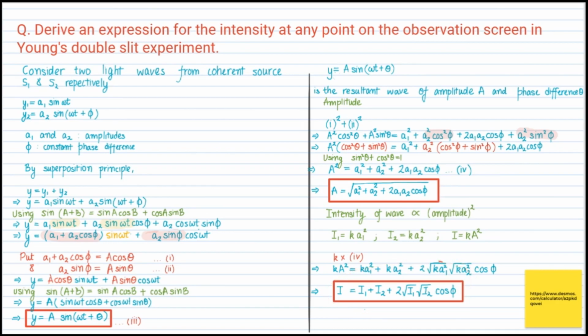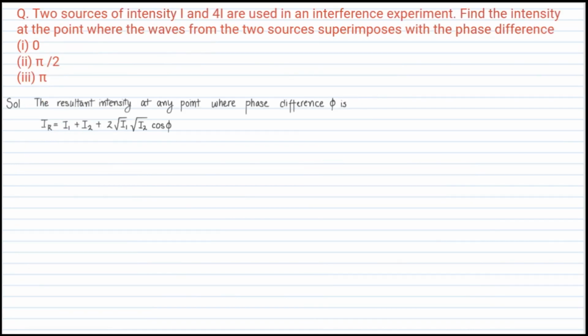Your intensity equals the intensity of the light coming from the slit S1 plus the intensity of the light coming from your slit S2 plus twice of root over I1 times root over I2 times cos phi, and phi is your phase difference. So the resultant intensity at any point where the phase difference phi is given is IR equals I1 plus I2 plus 2 root over I1 root over I2 cos phi.